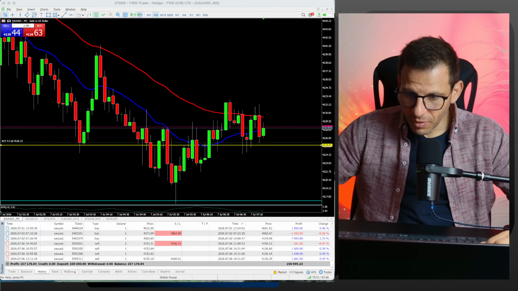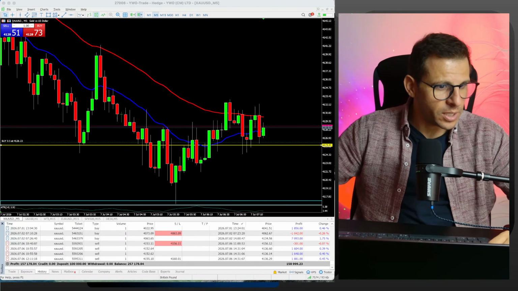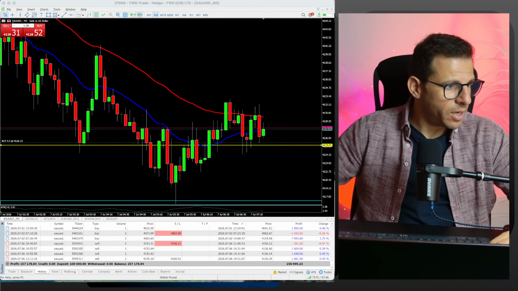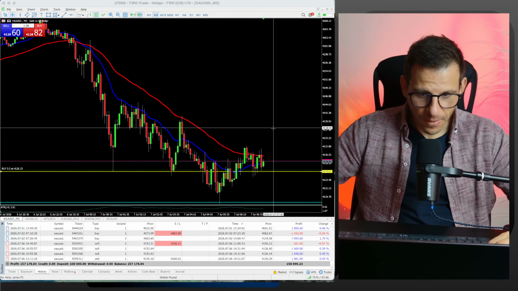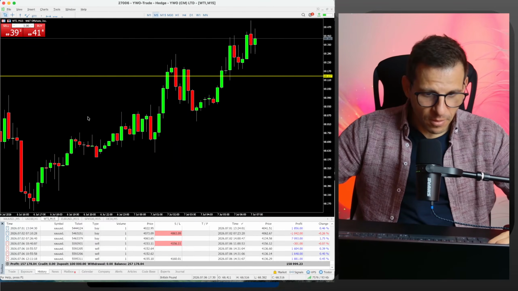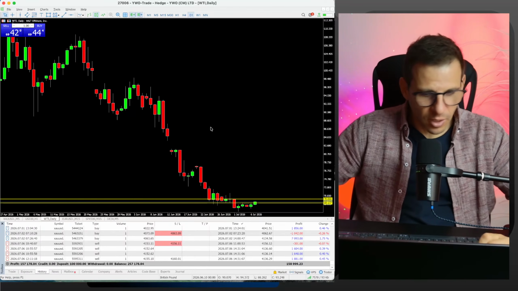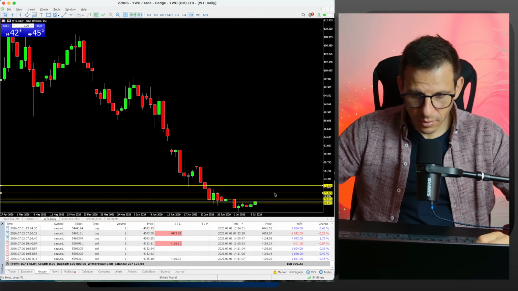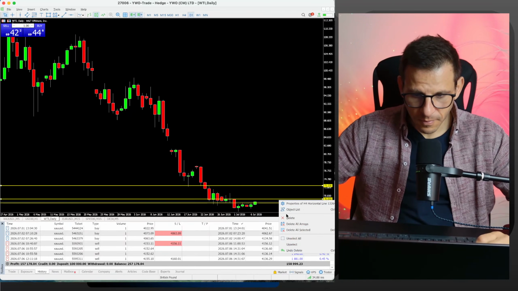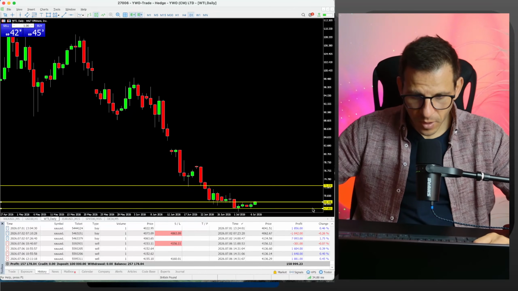Oil near top of day range. Would you wait for a retest before entry? What do you think? Let's check the oil. On which time frame? Starting from the daily chart, we are at this high, we have this low.